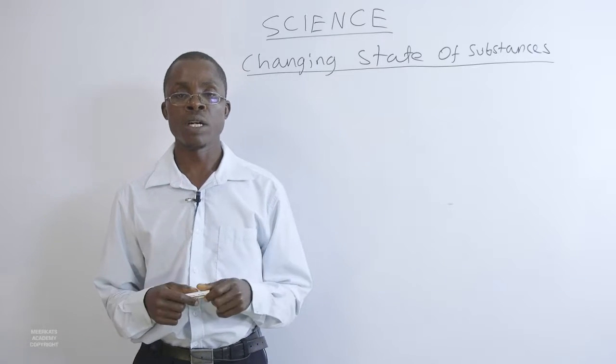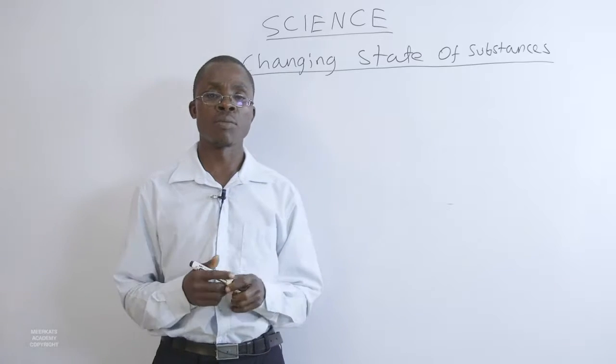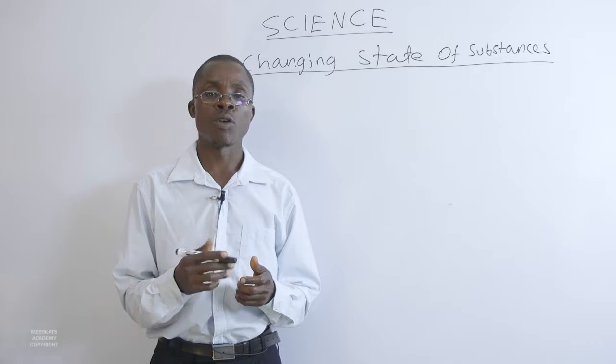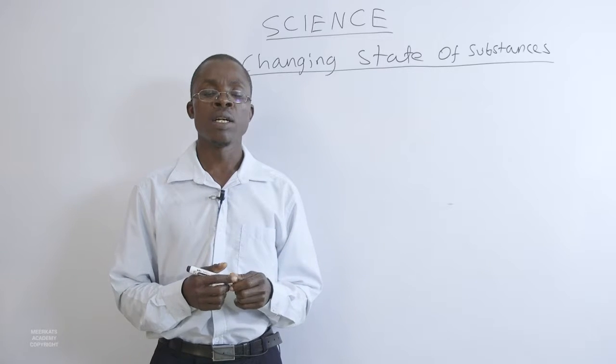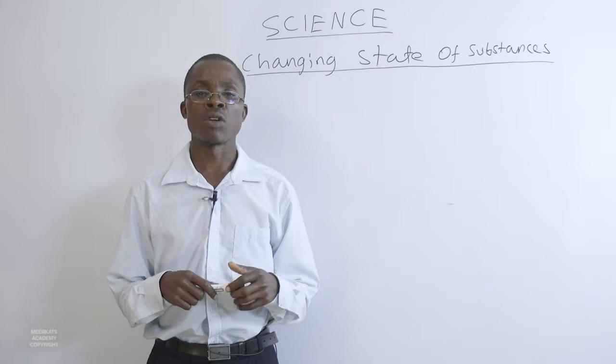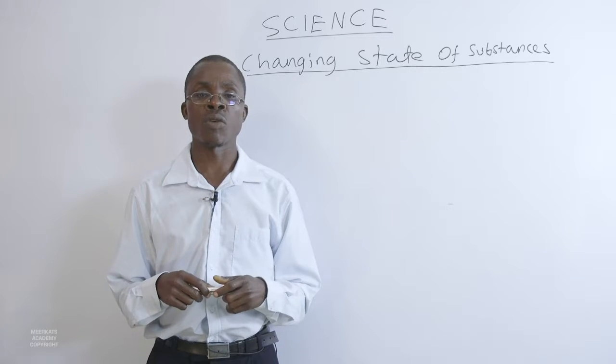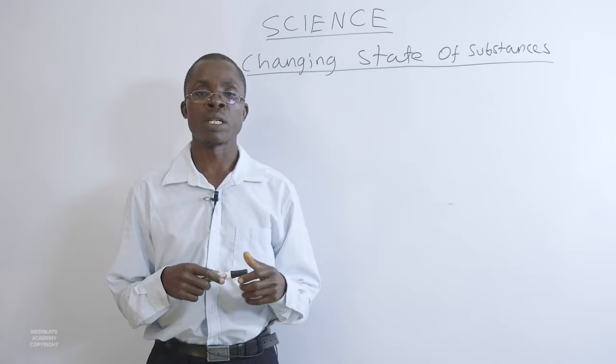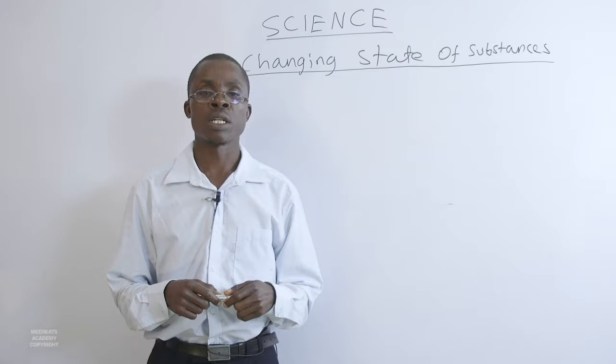We even went further to look at particular examples to confirm or to try to understand the properties that had already been mentioned about the three states of matter. And those examples were examples that we commonly interact with.